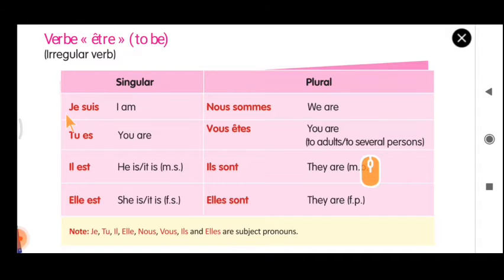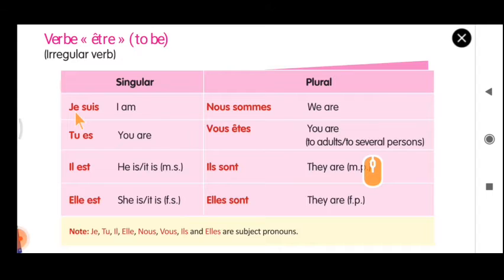Je means I, tu means you, il, elle mean he or she, nous means we, and vous means you, and ils and elles denote the plural form. So this is the pronoun sujet which we have already learned.